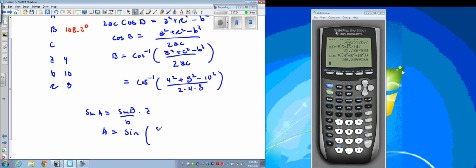So that's sine of 108.2 over B is 10, and then times 4, right? This is supposed to be inverse. Okay. 22 point. Figured.